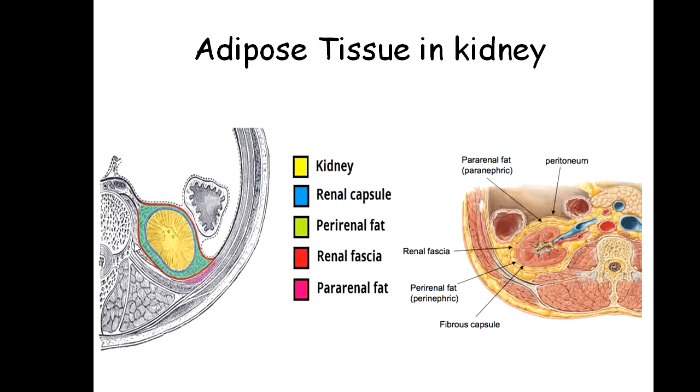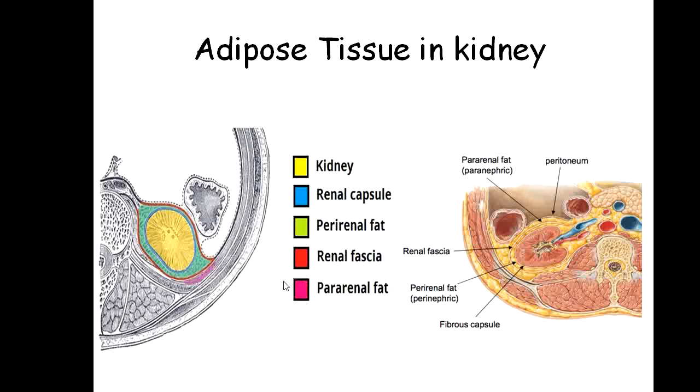This layer is the renal fascia. You can see this layer separates the kidney from the spleen and other organs. So this is the renal fascia, and this renal fascia connects the kidney with other organs. And the next one is called pararenal fat.